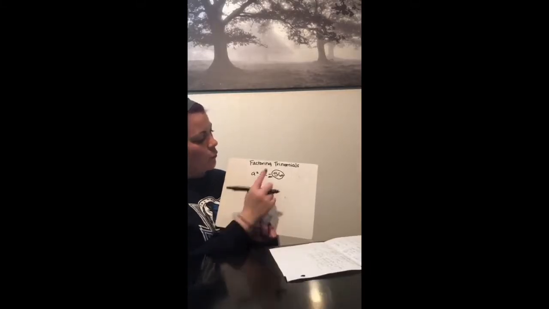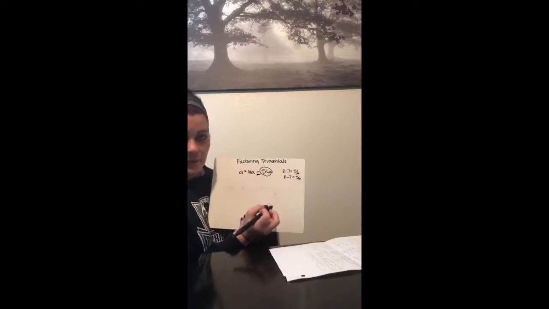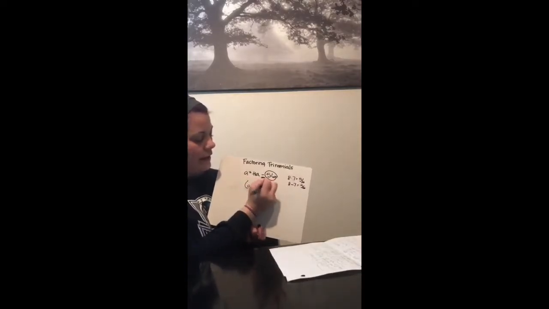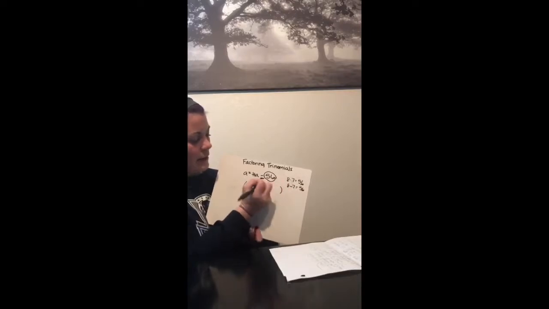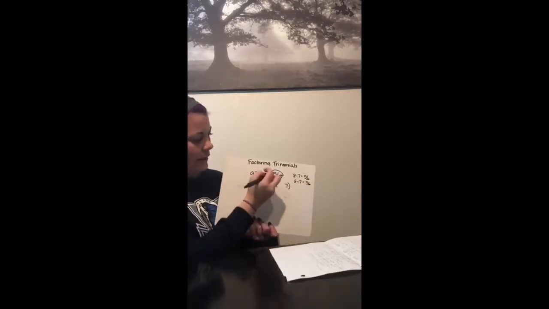So you think to yourself, what two factors of 56 when subtracted give you 1? 8 times 7 is 56, and 8 minus 7 is 1. So those are the two numbers. The square root of a squared is a. I know I'm going to use 8 and 7. Now I look at the back.